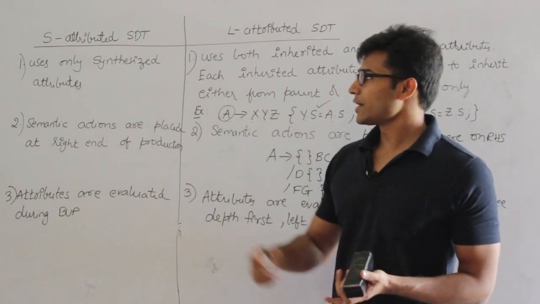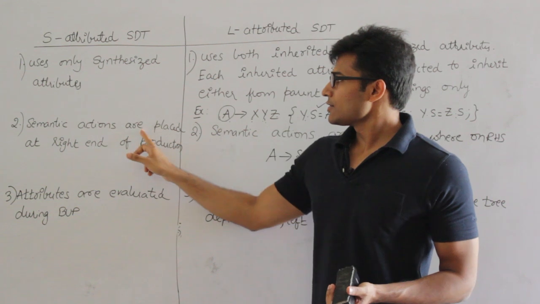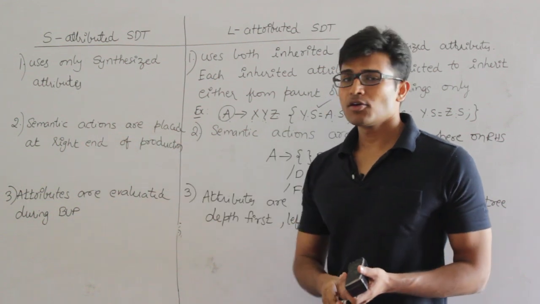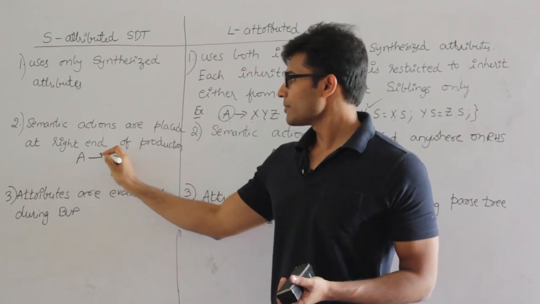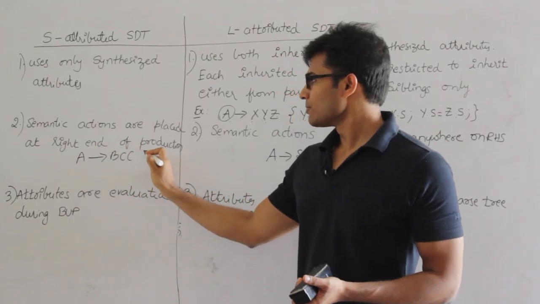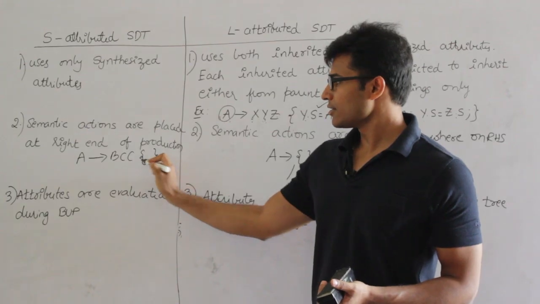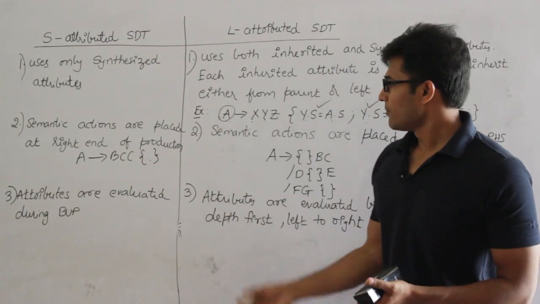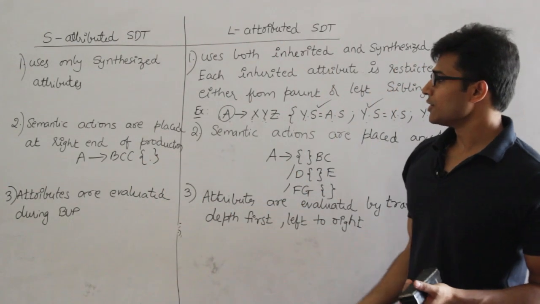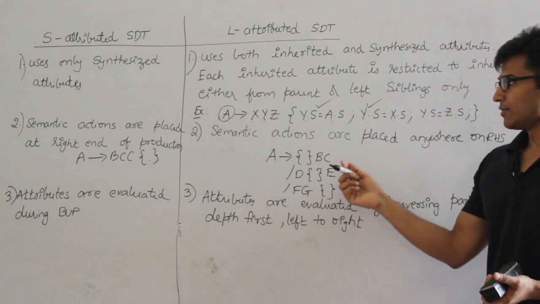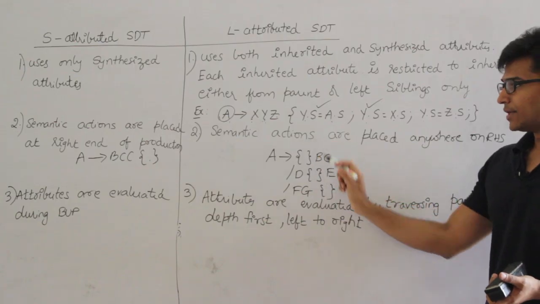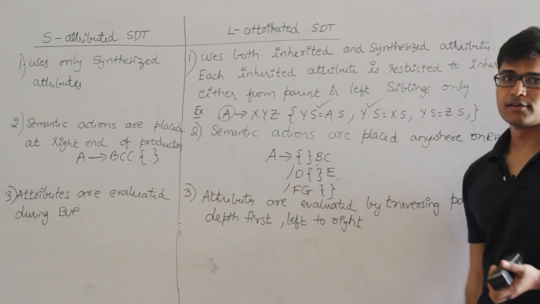Now coming to the second rule, in S attributed the semantic actions are always placed at the right end of the production, which means if you are going to place some semantic actions, you should place them only at the rightmost. But coming to L attributed definition, semantic actions can be placed anywhere in the right hand side, which means you can place them in the beginning or in the middle or in the end, right?